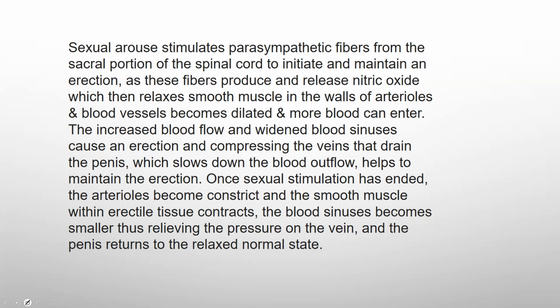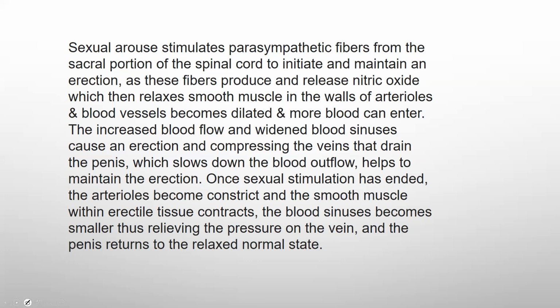Once sexual stimulation has ended, the arterioles will contract, and the smooth muscles within the erectile tissue will also start contracting, because nitric oxide release will not be there. The blood sinuses will become smaller, thus relieving the pressure on the veins, and whatever blood is there will drain slowly outside, and the penis will return to the relaxed, normal, flaccid state again.